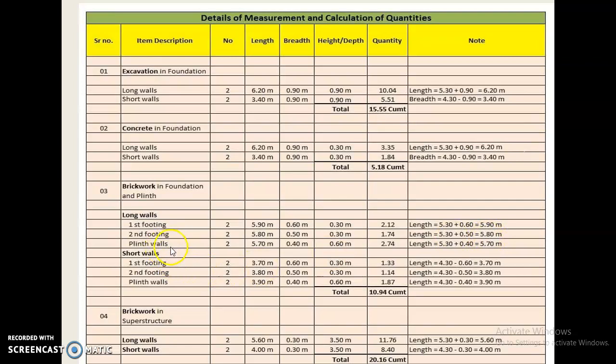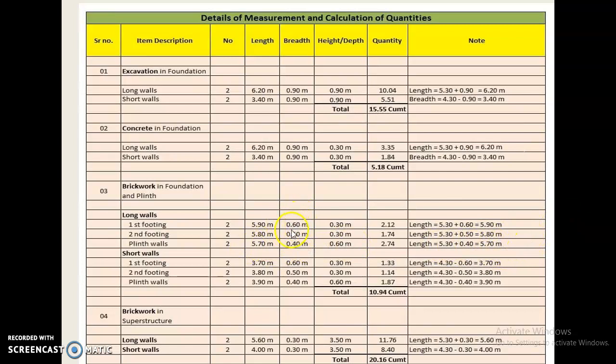In case of the basement or plinth, the center to center length of that long wall is 5.30, and the width of that basement or plinth is 0.4, so you will get 5.70. Now substitute all these values in the length column, that is 5.90, 5.80, 5.70.